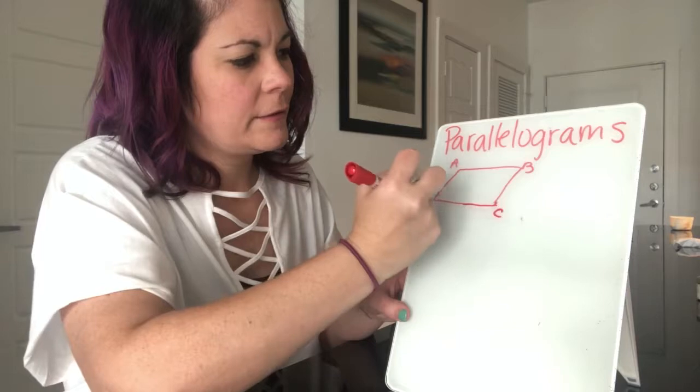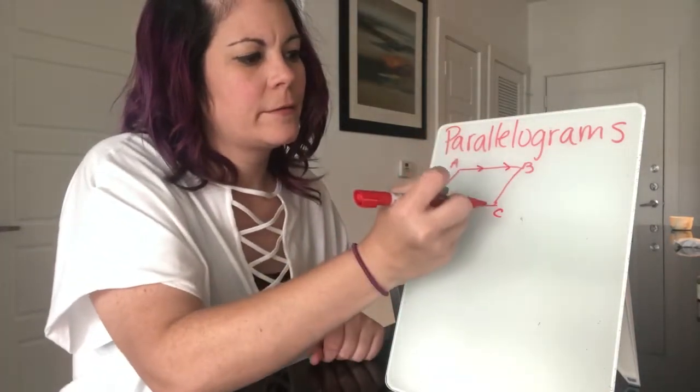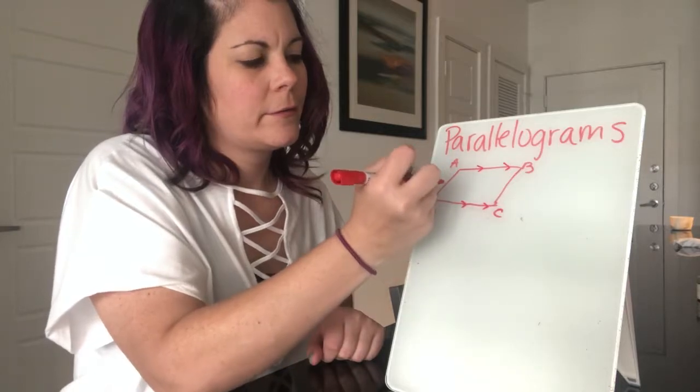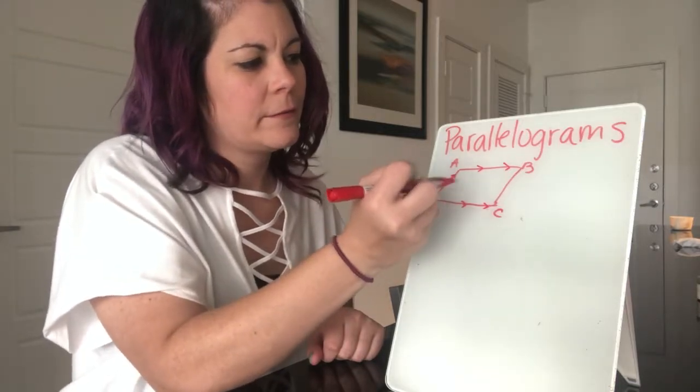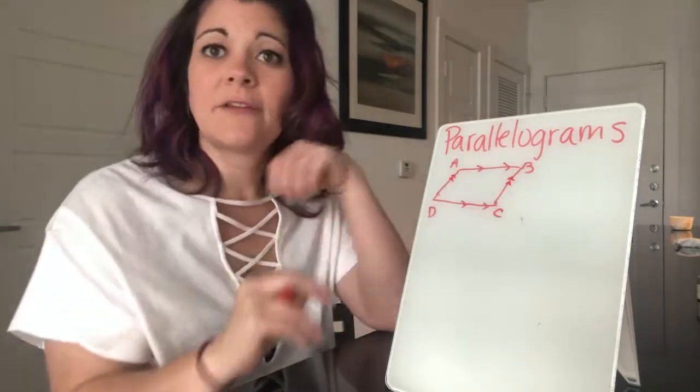A, B, C, D. So two pairs of parallel sides, and so the opposite sides are parallel.